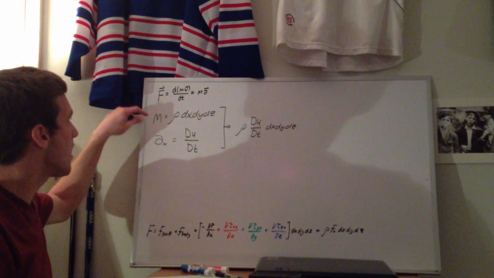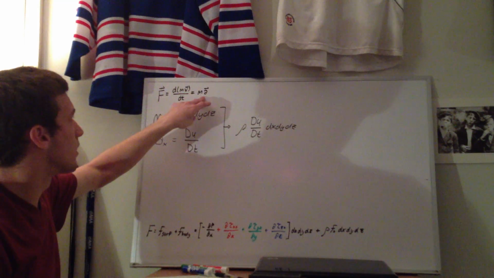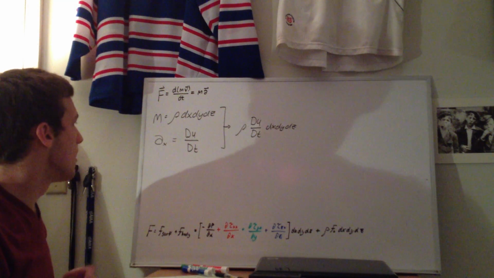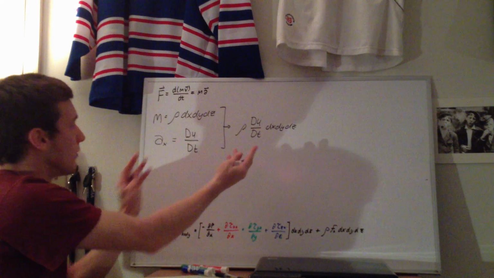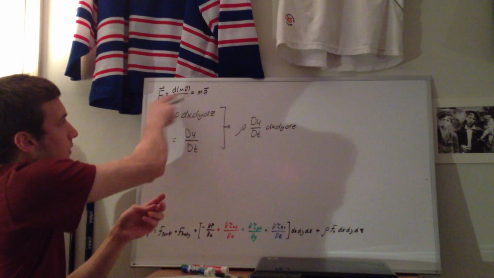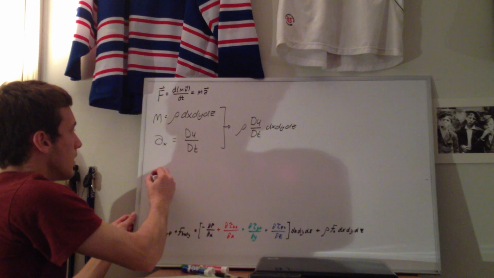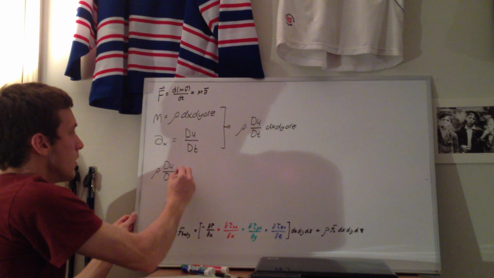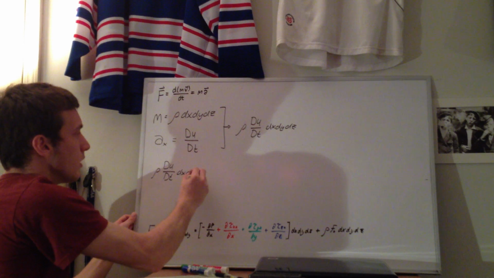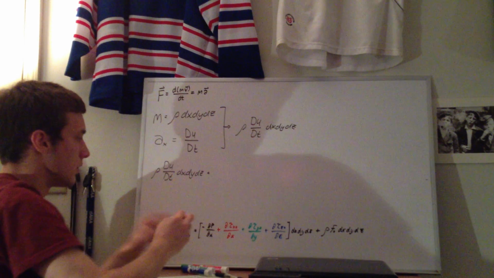So now if we combine this part for the mass times acceleration with the left side, you can see that we're going to take this on the left side, this on the right side. So we're actually going to have rho du dt dx dy dz is equal to this part here.